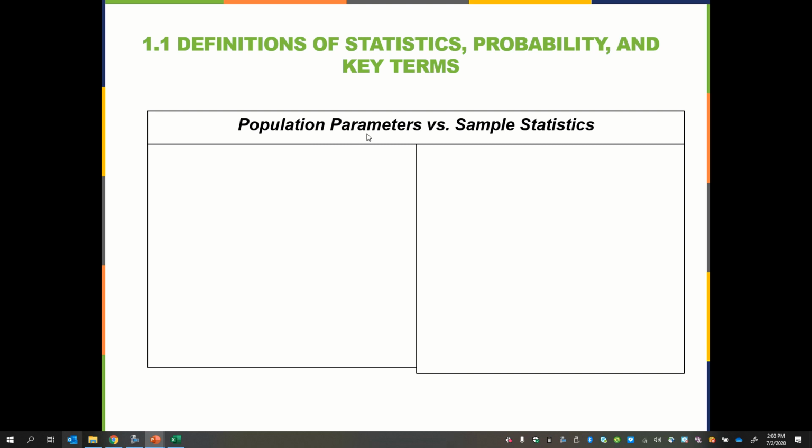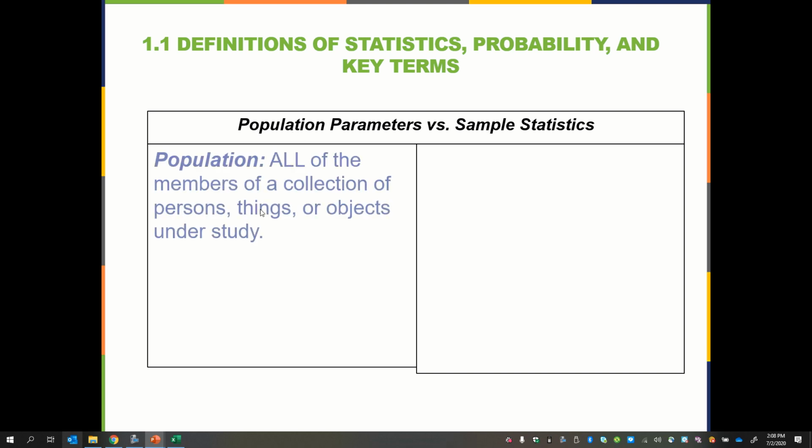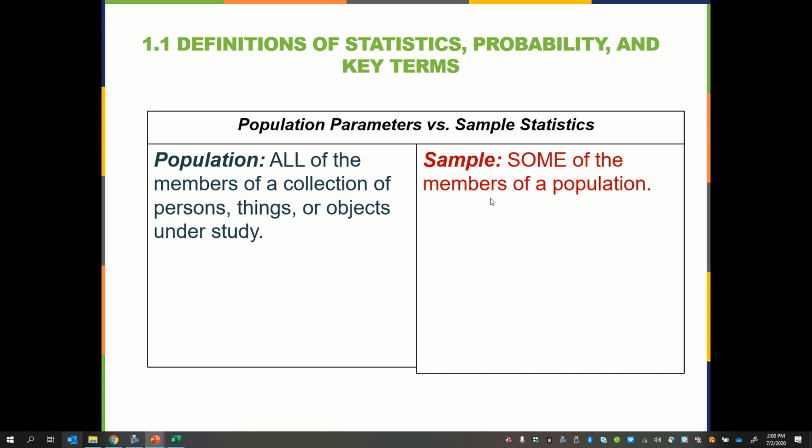It's very important to know the difference between population parameters and sample statistics. First of all, we should know what a population is and what a sample is. A population is all of the members of a collection of persons, things, or objects under study. A sample is some of the members of a population.